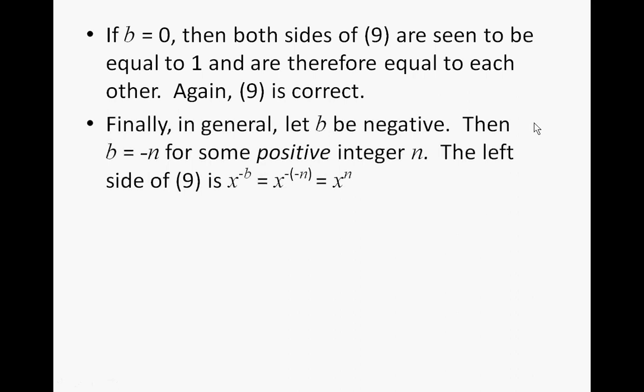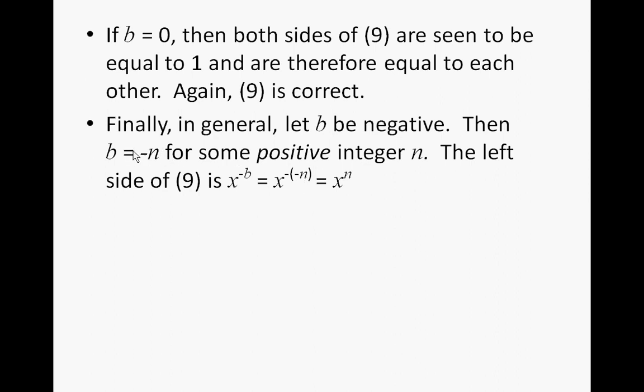So finally, let's let b be a negative number, so something less than 0. Then b is a negative n for some positive integer n. Again, remember n is still a positive number, the minus sign here means that we're taking its opposite. Then the left side of the equation, x raised to the negative power of b, means the same as x raised to the opposite of negative n.